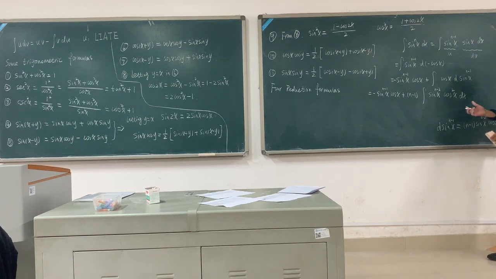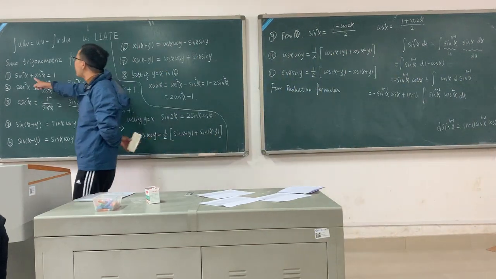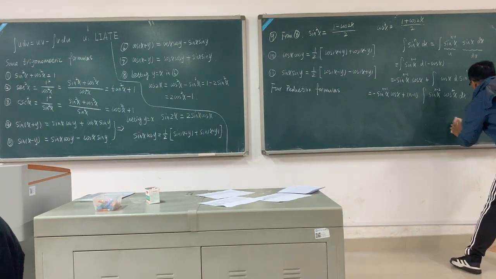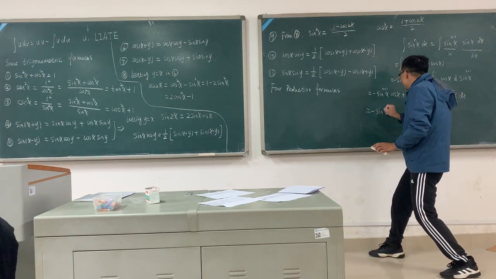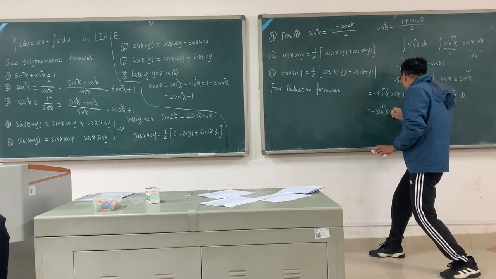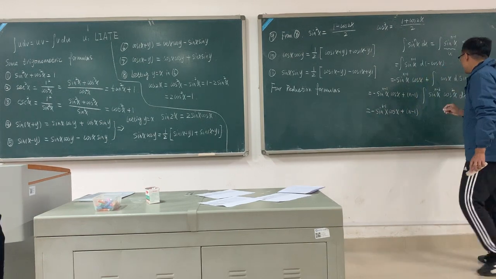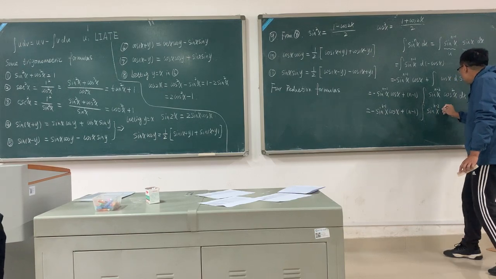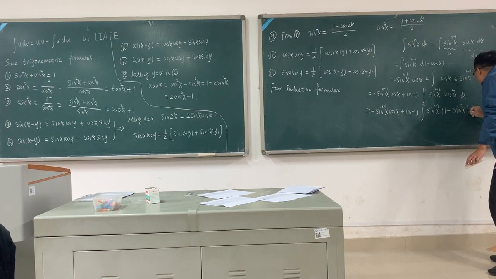Cosine x squared is 1 minus sin squared. So we can write it as minus sin x to the n minus 1 power cosine x, plus n minus 1 times the integral of sin x to the n minus 2 power times 1 minus sin x squared dx.